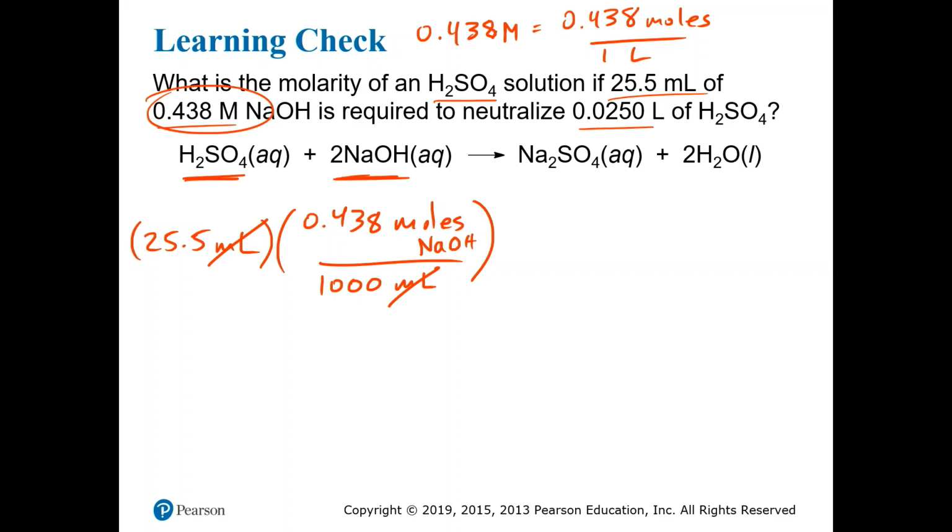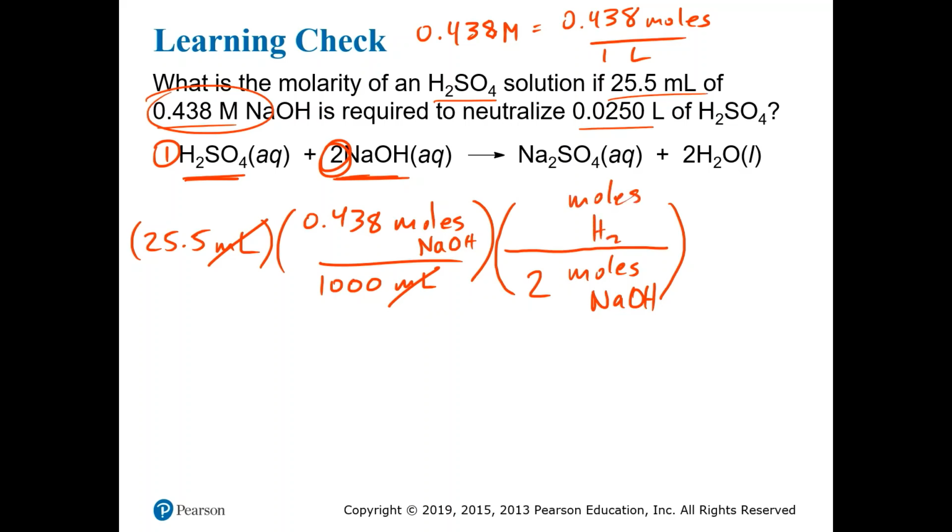But now we need to figure out how many moles of sulfuric acid that really is. From the 1 to 2 ratio here, we know that we want moles of sodium hydroxide in the denominator, and so that's where the 2 is going to be, because the 2 is in front of sodium hydroxide. In the numerator, we want moles of sulfuric acid, H2SO4, and that's just a 1, so that will be a 1.